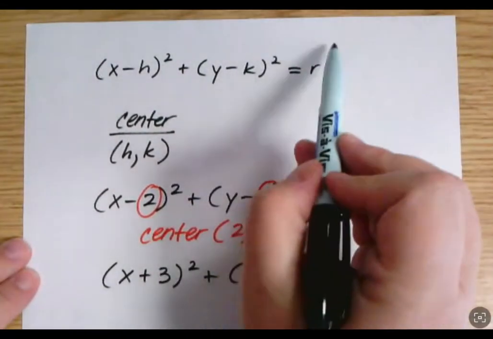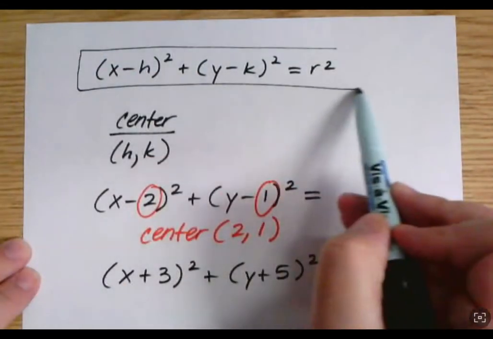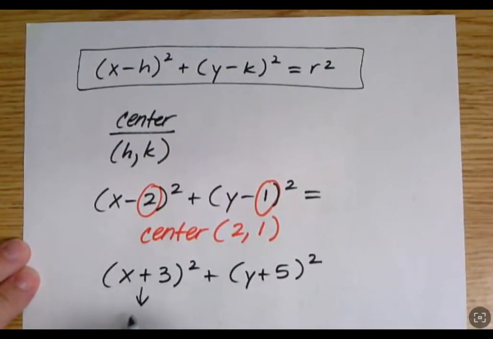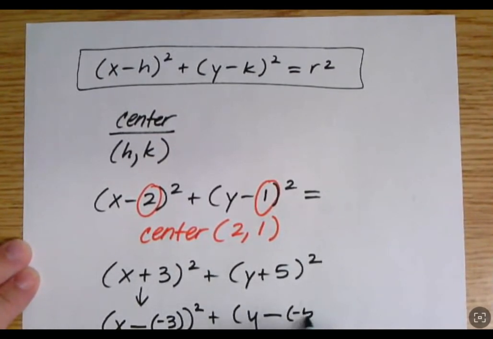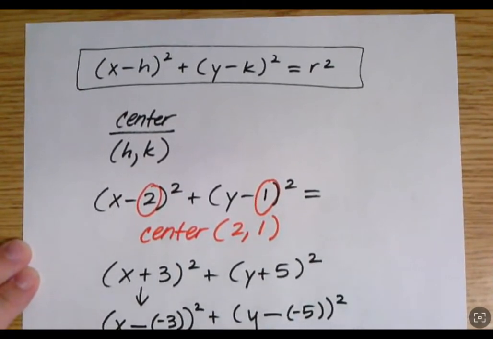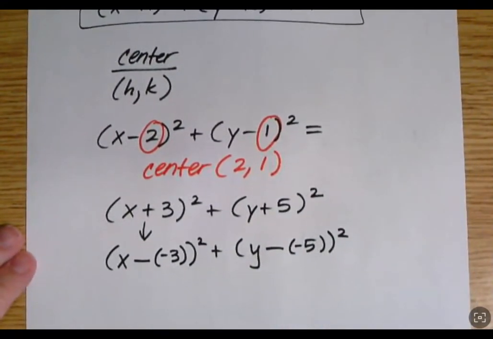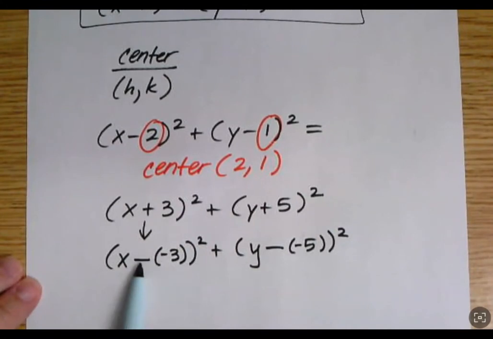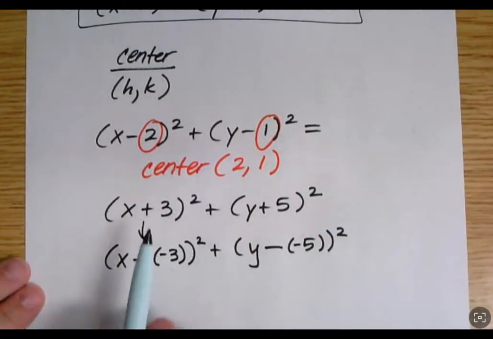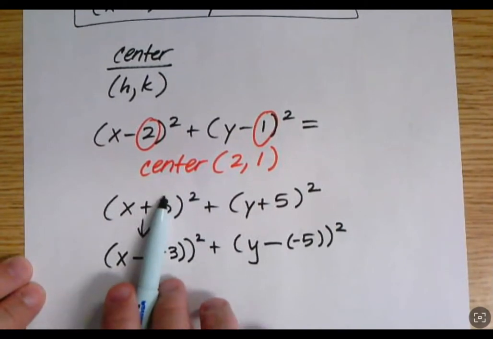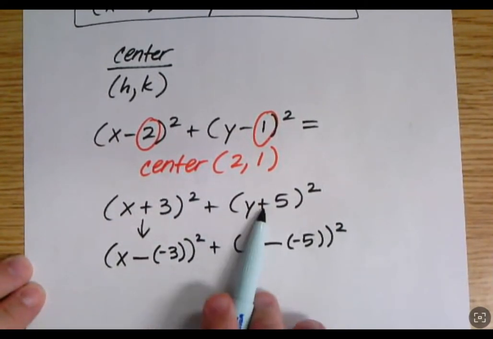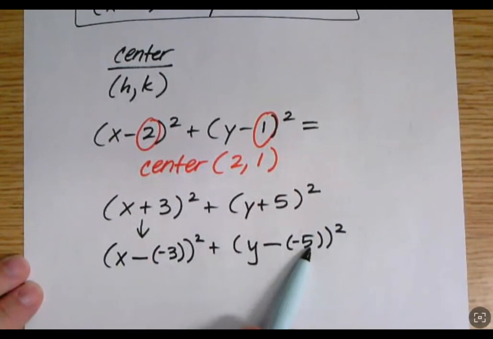Well, if I'm thinking of it in this format with minuses, then this is the same as x minus negative 3 and y minus negative 5, because that's what makes a plus out of a negative: two of them, minus a negative.